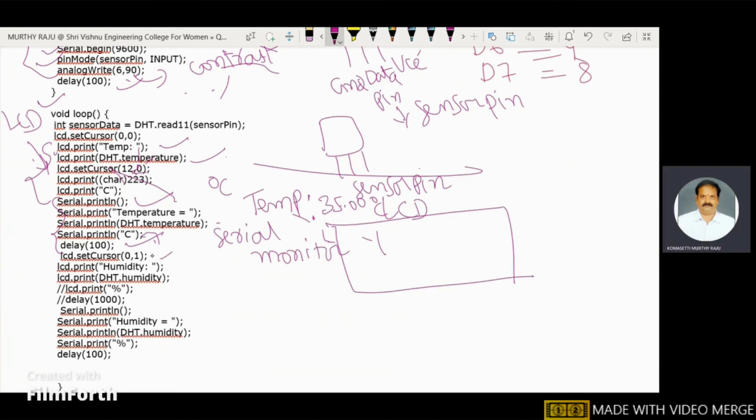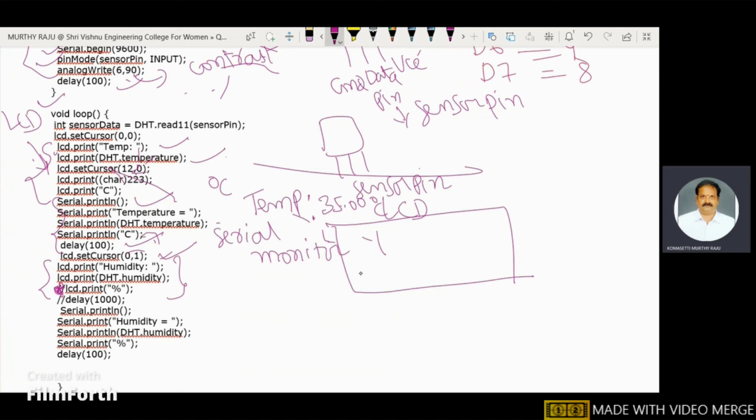Next is LCD.setCursor 0 column and second row. These are the 3 functions for the humidity display on the LCD: LCD.print humidity, LCD.print DHT.humidity, LCD.print percentage.